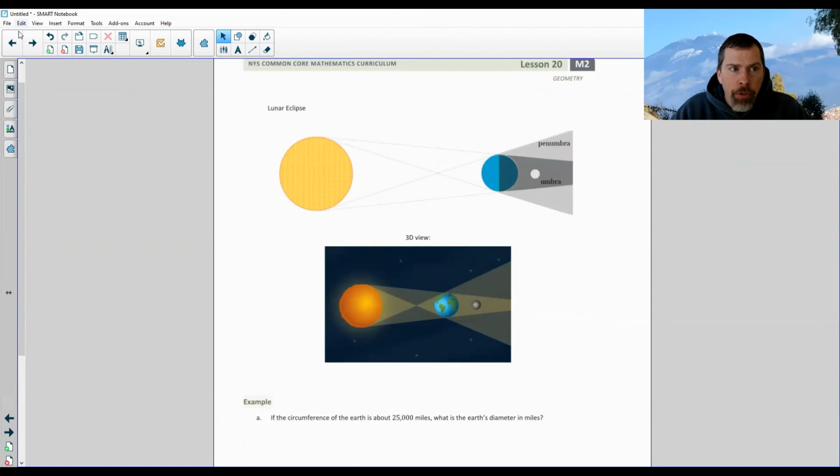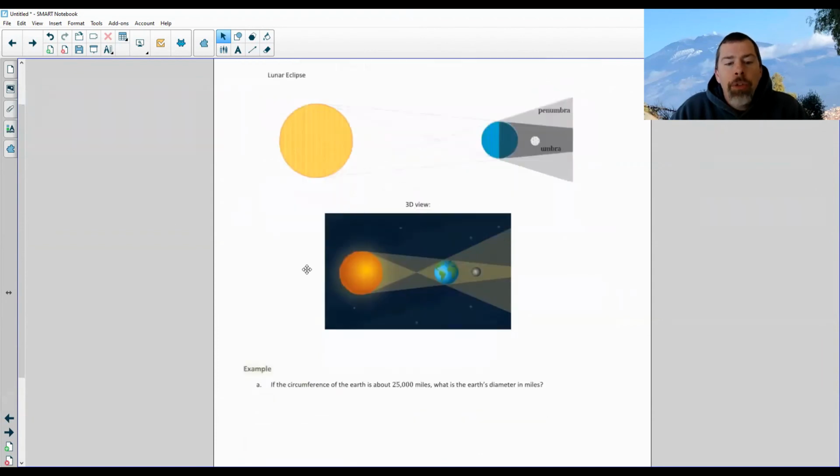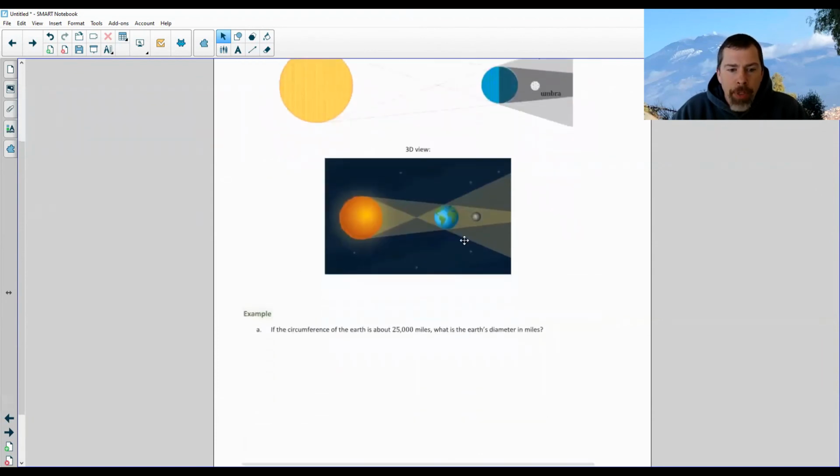lunar and solar eclipses. So here is example A. If the circumference of the Earth is about 25,000 miles, what is the Earth's diameter in miles?